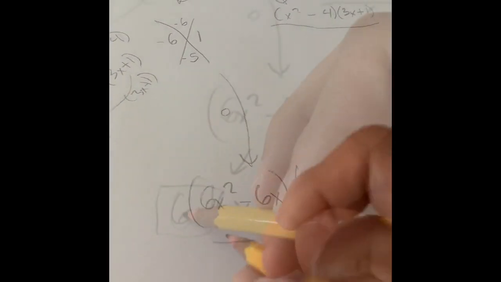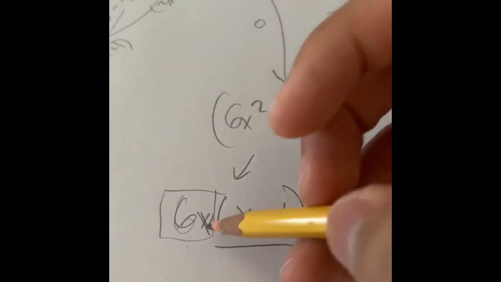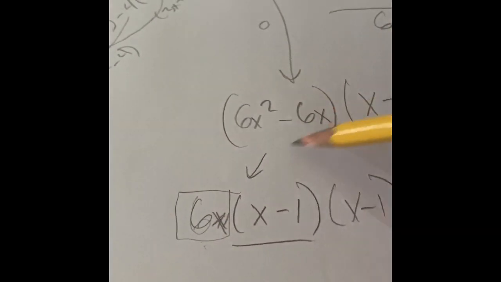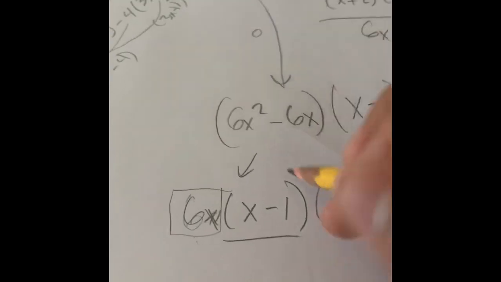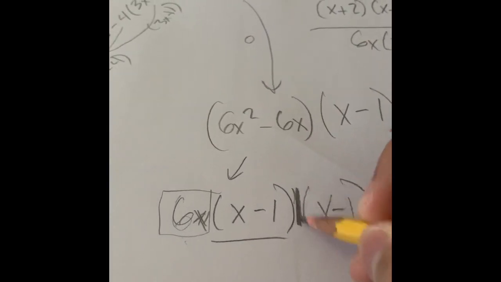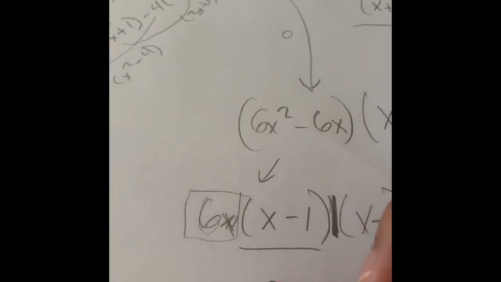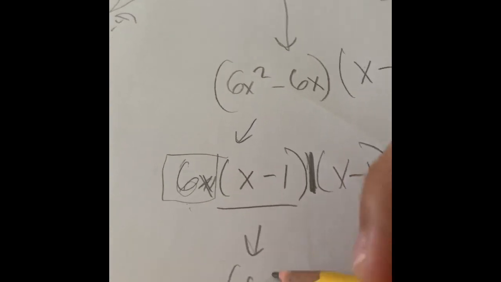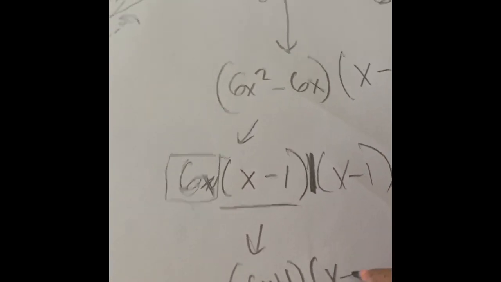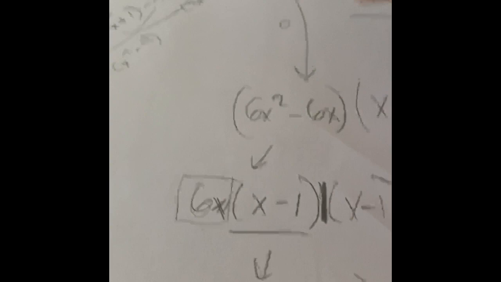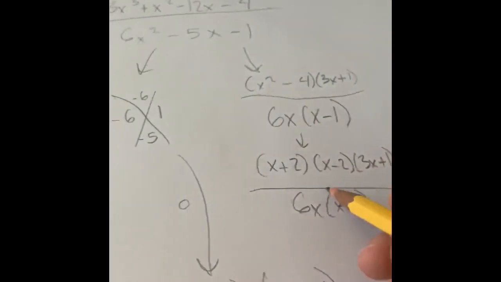You've got your first factor. The second factor is the 6x that comes out of the 6x squared minus 6x, and remember, there's a 1 here. So when we factor out, we get 6x plus 1 and x minus 1 as our factors for the denominator.